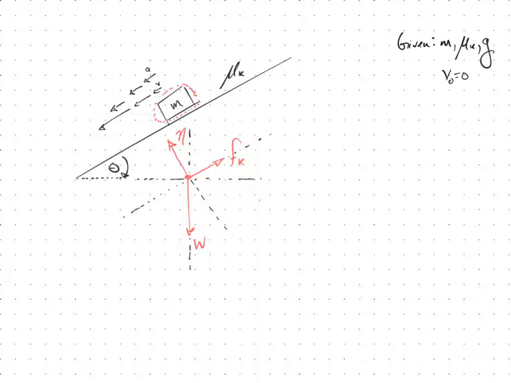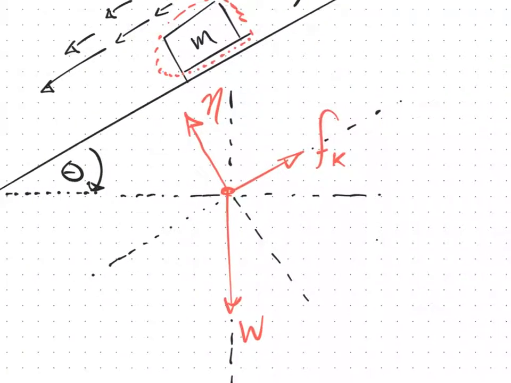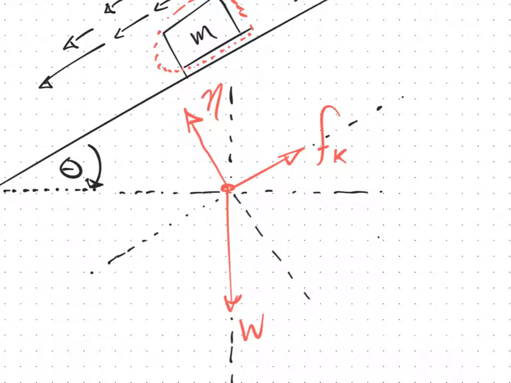Okay, so let's find out where theta is. If I zoom in on my picture, my angle theta is this one, right? Which means my angle theta is here too. And my normal force is going to tilt from vertical the same amount my surface is tilted from horizontal.